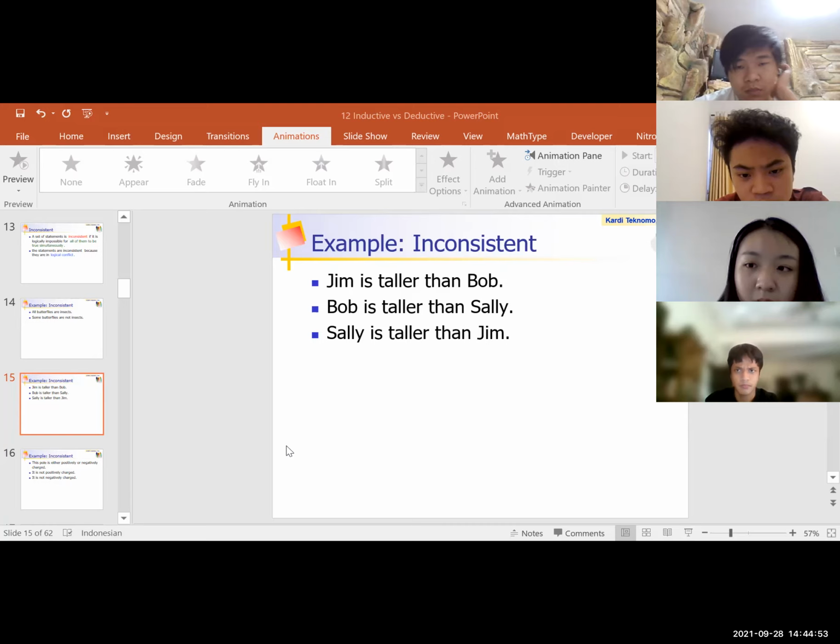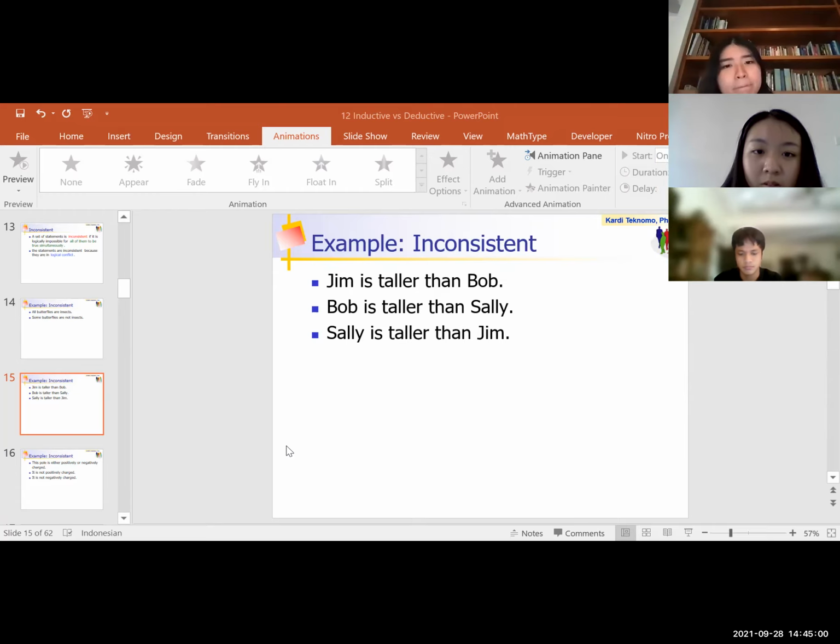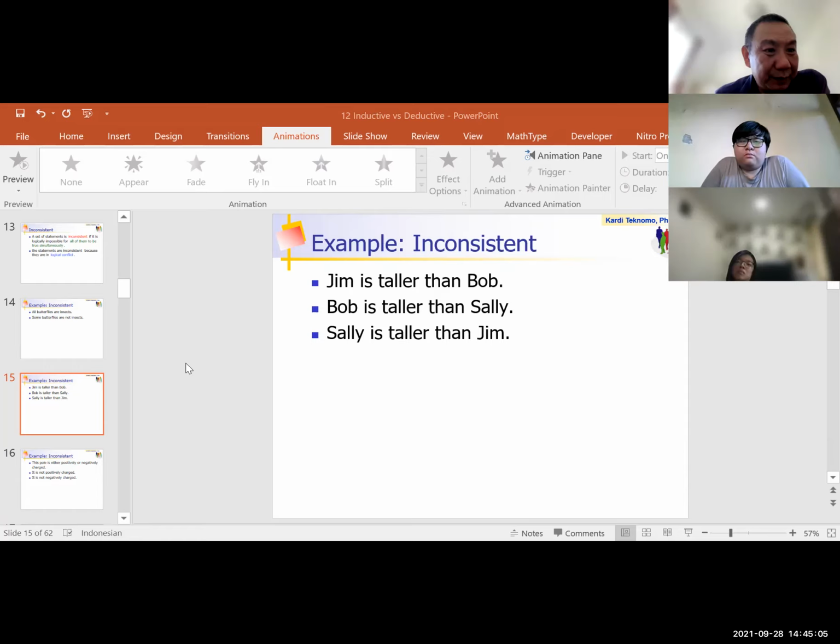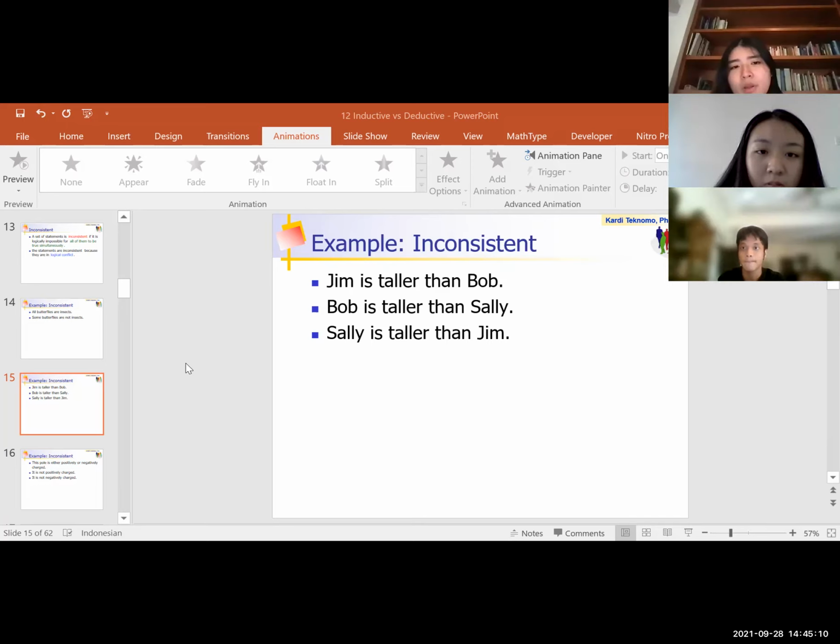How about this one? This one is inconsistent because the first premise says Jim is taller than Bob, the second premise says Bob is taller than Sally.